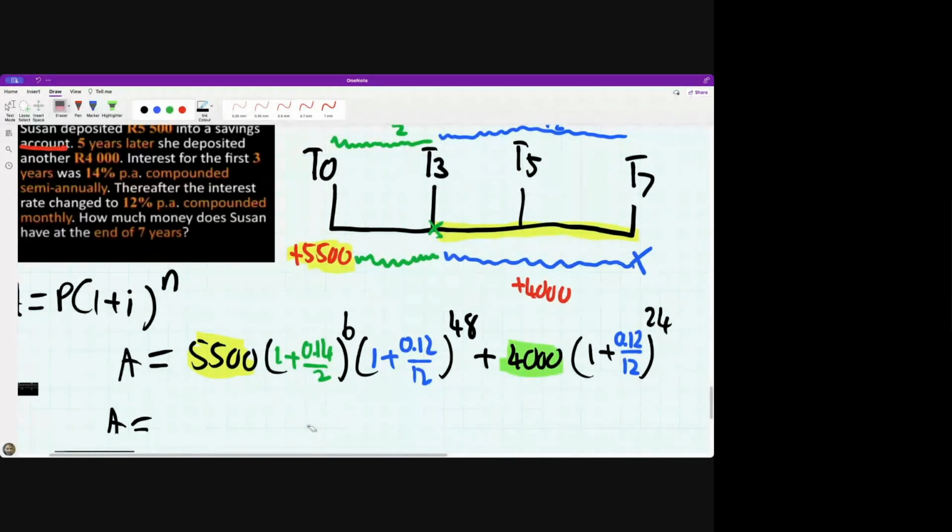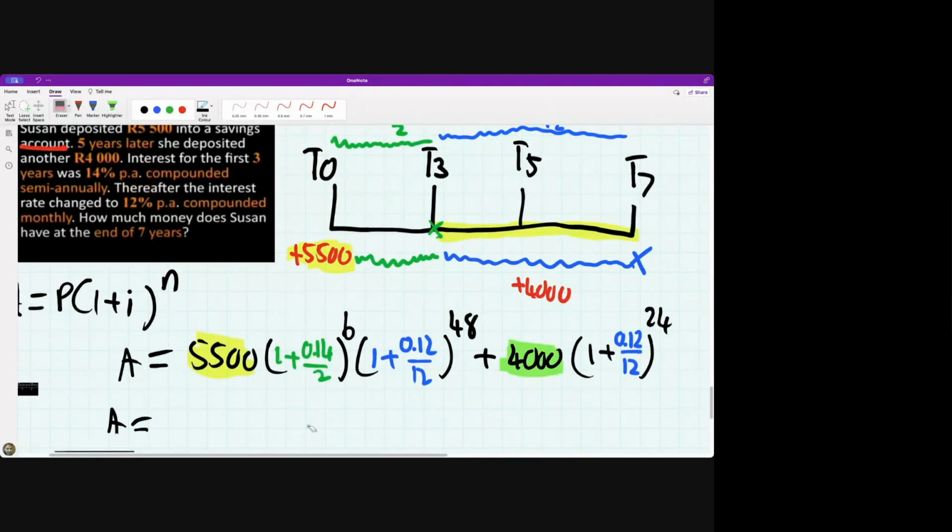So I'm going to have to do this also. So let me go 5,500 times, open bracket, 1 plus fraction 0.14 over 2, close bracket, to the power of 6.